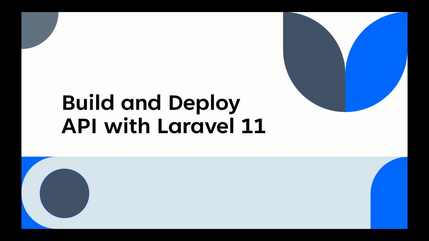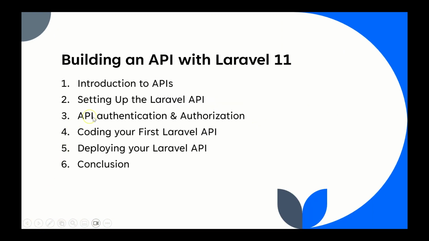Okay, so first of all, here are the things that we are going to cover in this video. We're going to have the introduction to APIs. Then we are going to look at how to set up the Laravel project that is going to help us build the API.